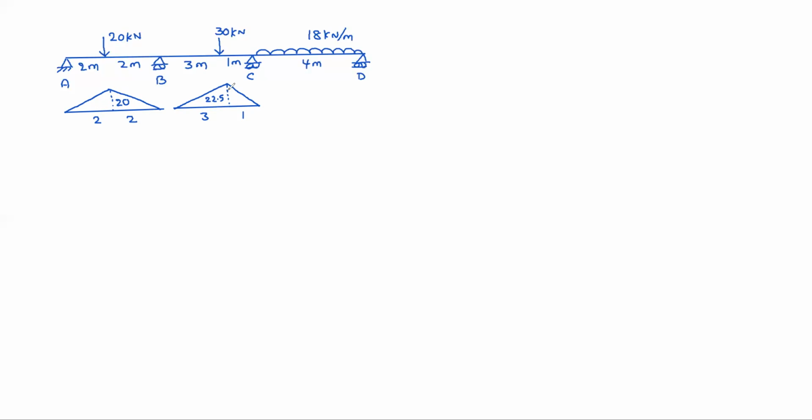Then next, BC and CD spans will take at once. These 2 spans. For this, the bending moment diagram again, 3, 1, 22.5 is this height.